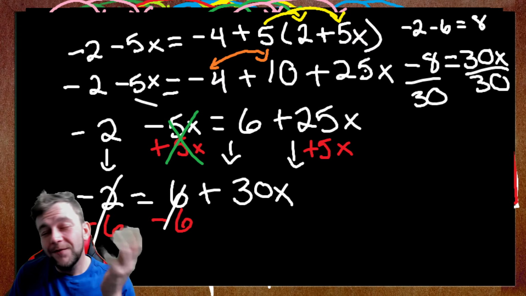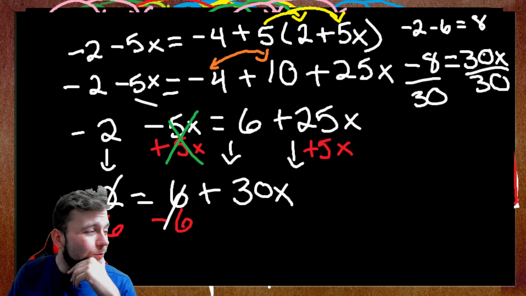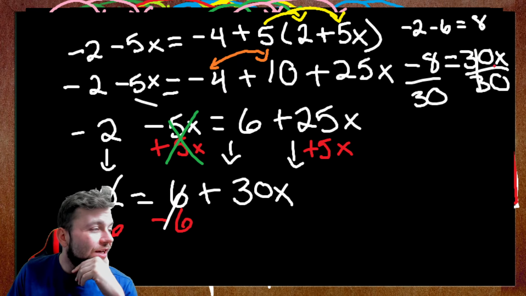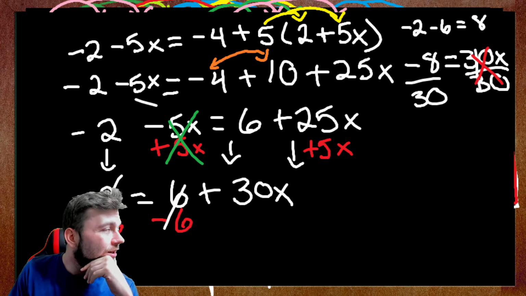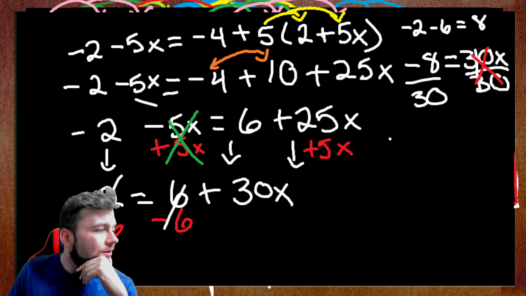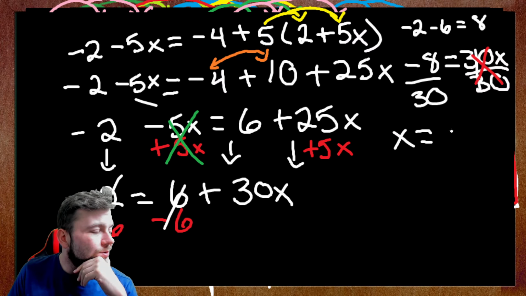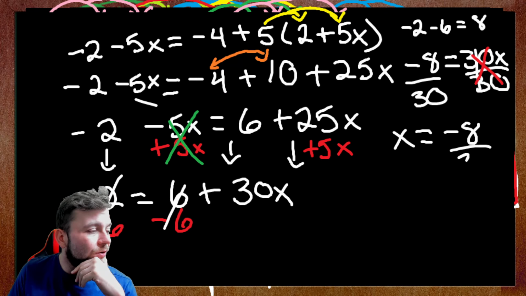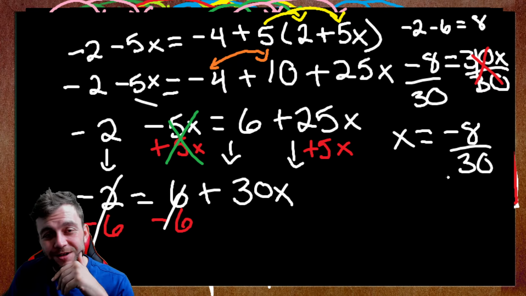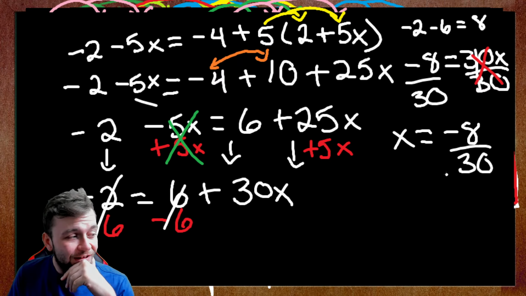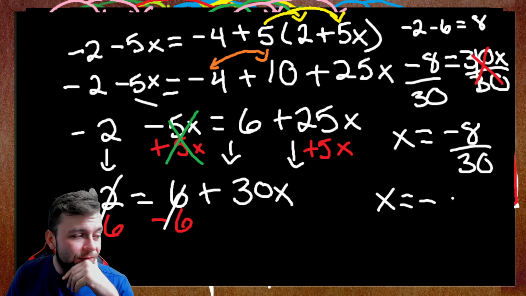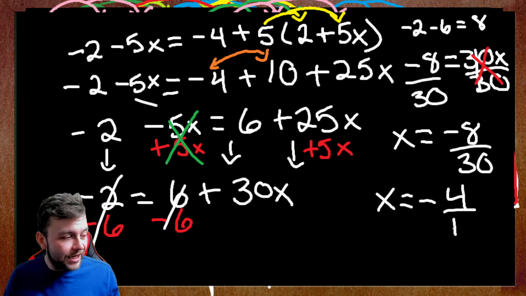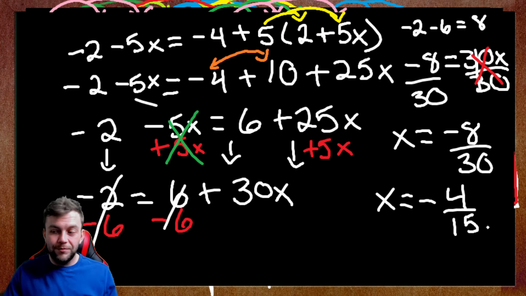We get negative 8 over 30 equals x. The 30 goes away. So x equals negative 8 over 30. Let's simplify this a little bit. It is x equals negative 4 over 15. That is our end answer. Boom. We are done.